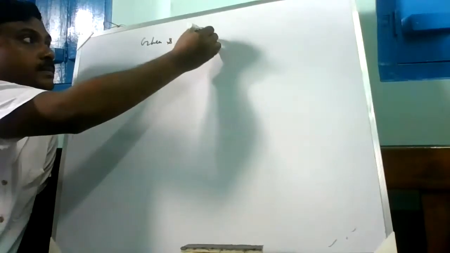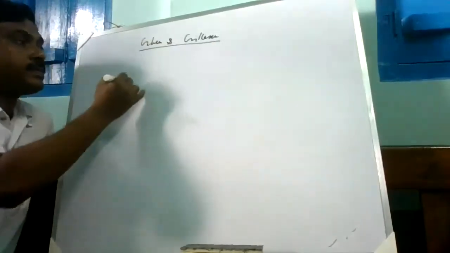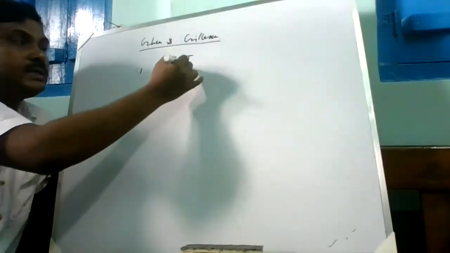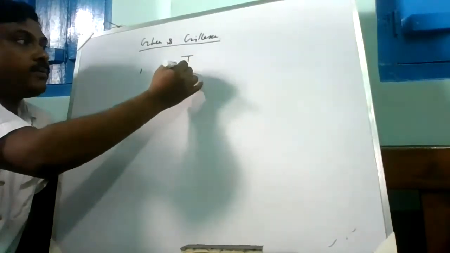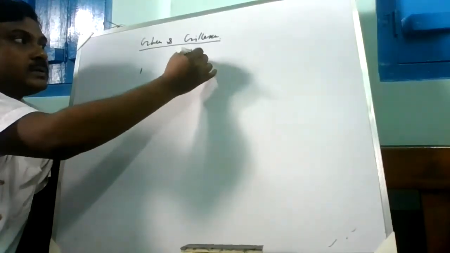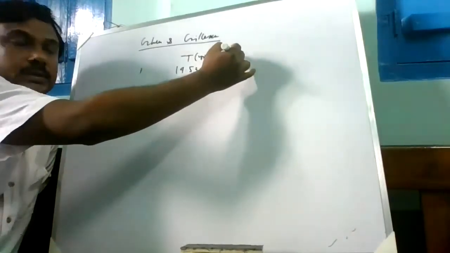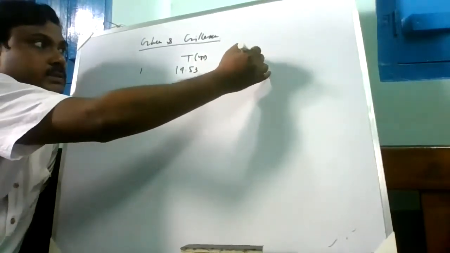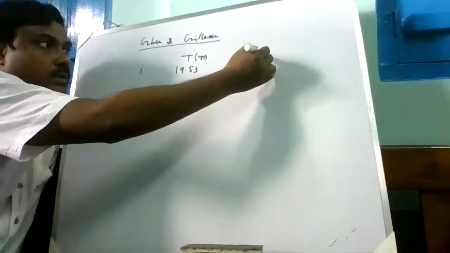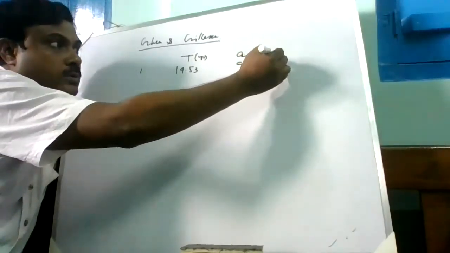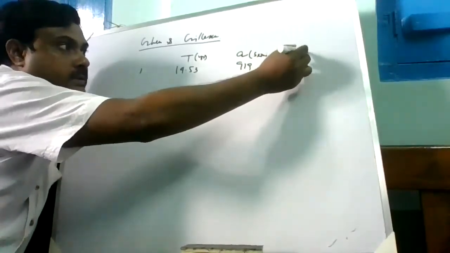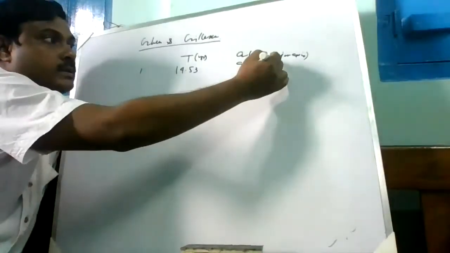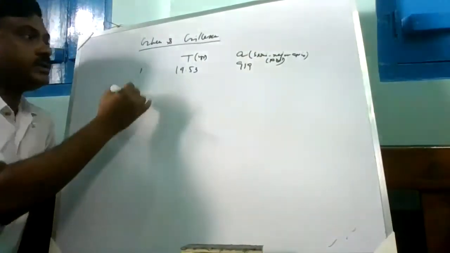Number one star has a time period T equals 14.53 years and semi-major axis A equals 919 astronomical units.